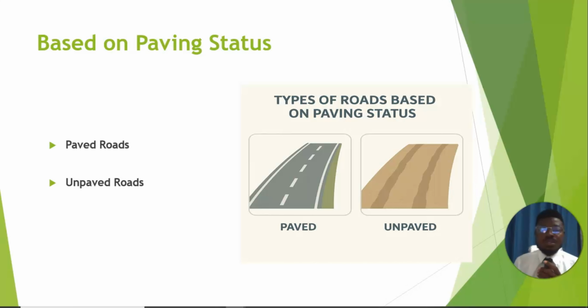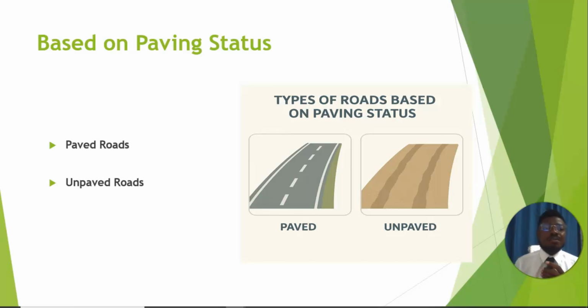But unpaved roads are usually made of gravel or earth or stones, and they are cheaper but prone to wear and erosion. I know in most villages, you can see a lot of unpaved roads that are just muddy, and when there is rain you can see the road wash off, compared to paved roads like we use in modern cities and especially in urban areas. But when looking into towns and villages, you get to see a lot of unpaved roads.